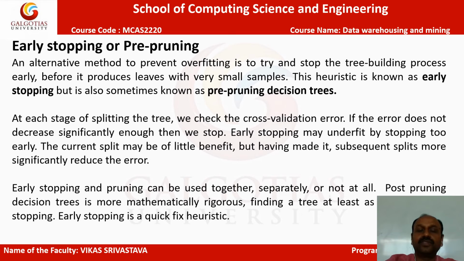Now, what is early stopping, or you can say pre-pruning? In this method, to prevent overfitting, you try to stop the tree building process early, before it produces leaves with very small samples. It means that as your decision tree is growing based on multiple huge data sets, because in supervised learning we have a huge number of data sets, we need to take some decision.